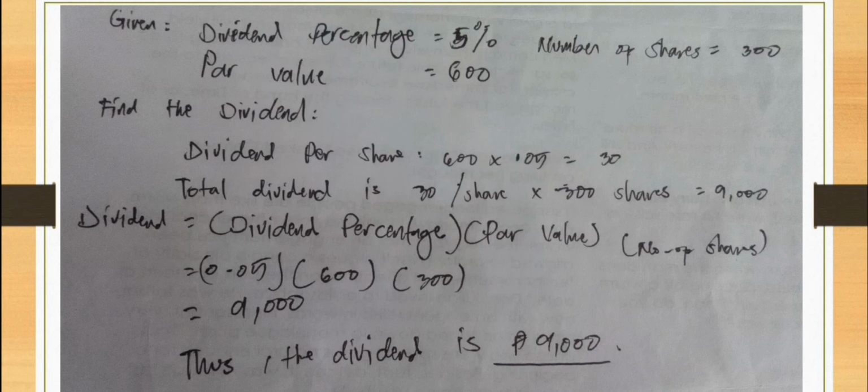So the total dividend is 30 times 300 shares, which is equal to 9,000. So to get the dividend, let us multiply the dividend percentage, the par value, and the number of shares, then substitute the given and simplify. Thus, the dividend is 9,000 pesos.